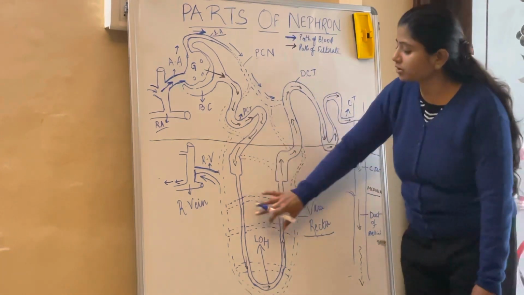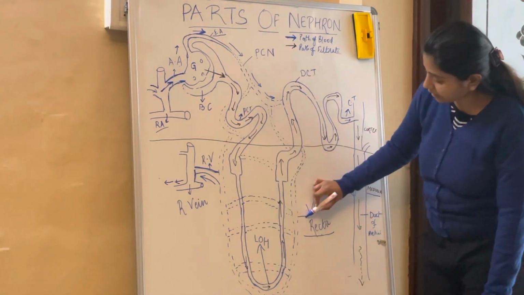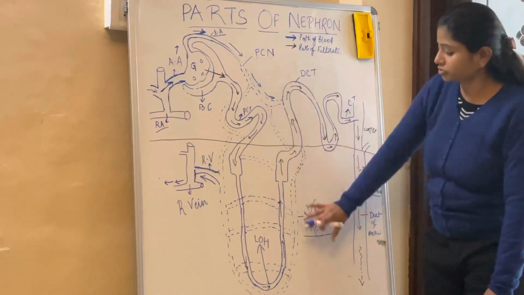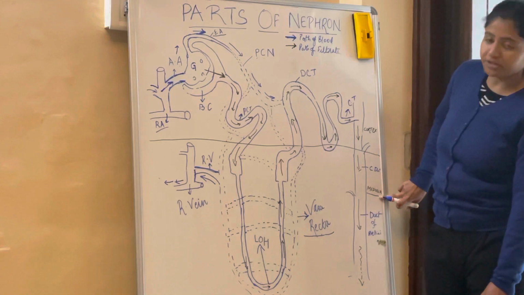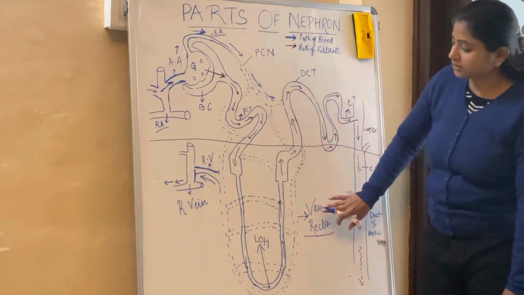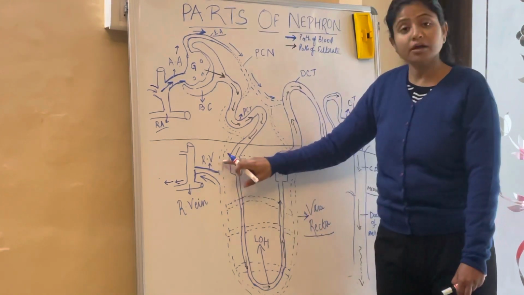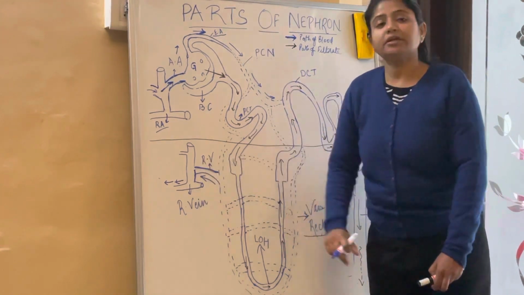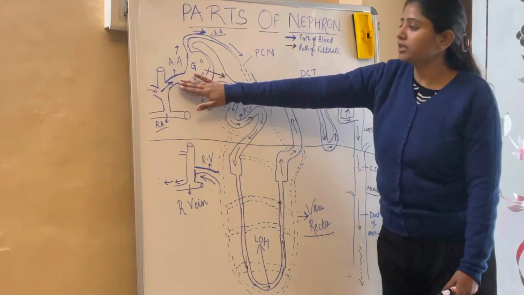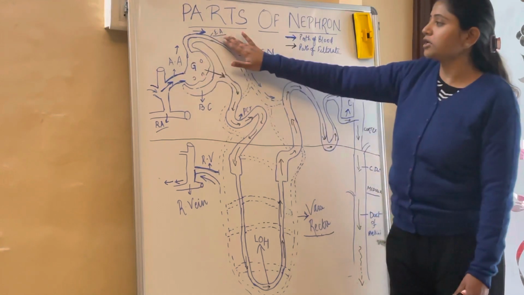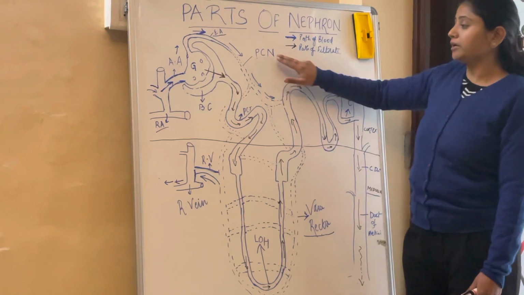Now this peritubular capillary network forms the vasa recta, right? It forms a capillary network that is called the vasa recta in the medullary region. Now this vasa recta finally joins to form the renal venule, and it finally goes into the renal vein, right? So the blood which is coming from the lungs into the renal artery goes to the afferent arteriole, to the efferent arteriole, and the blue arrows form a peritubular capillary network.